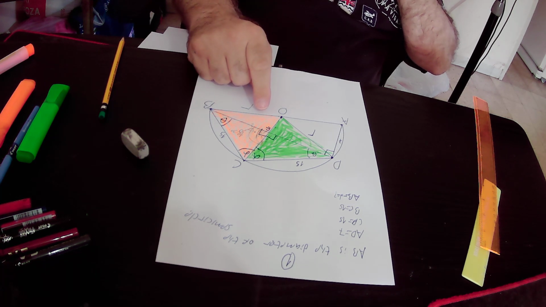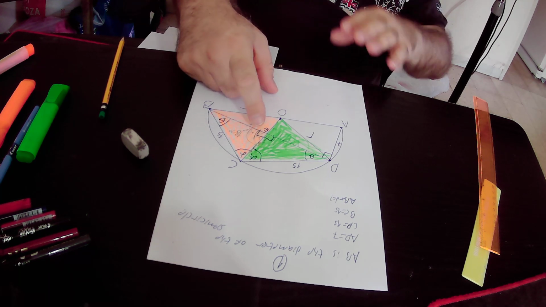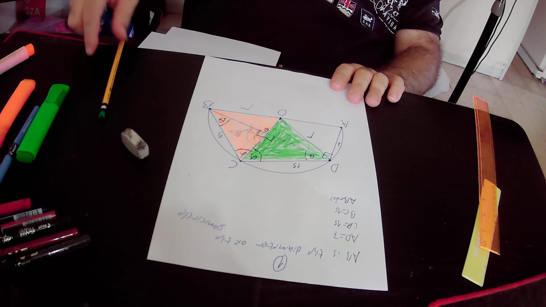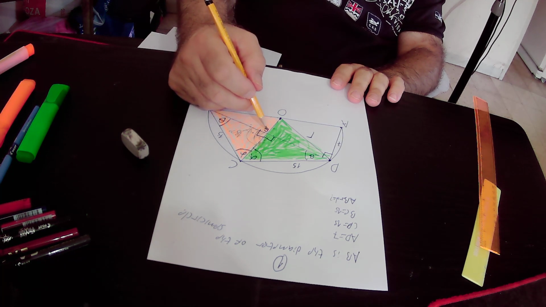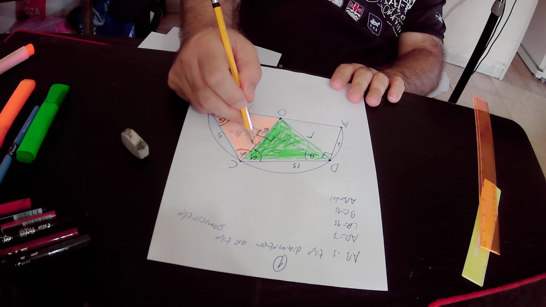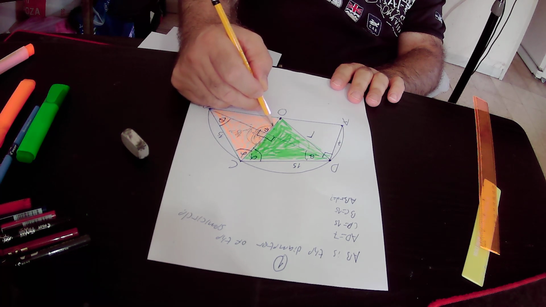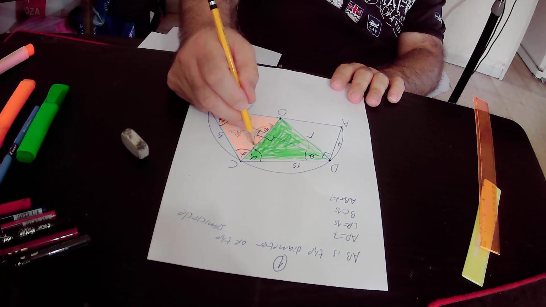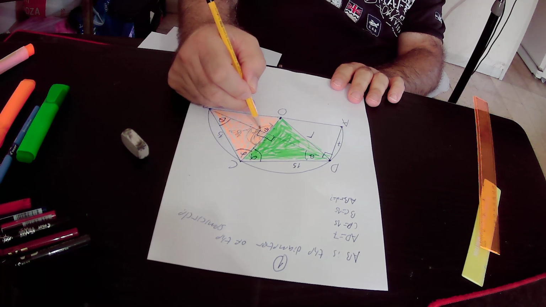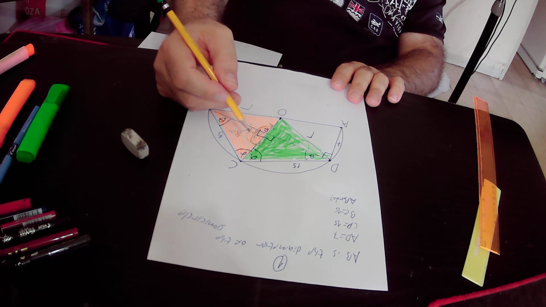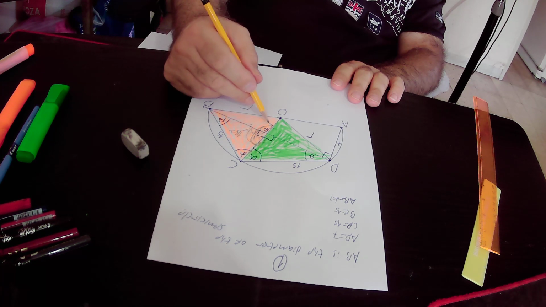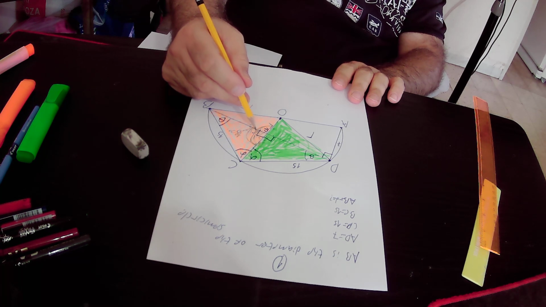If we focus on the left side of the straight line OC and at point E, then we can say that the sum of the angles at the left side at point E must be equal to 180 degrees. So this angle with the arrow must be equal to 180 degrees. But what does this angle that I drew by the arrow consist of?